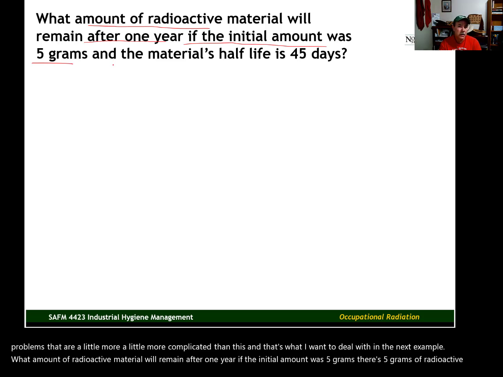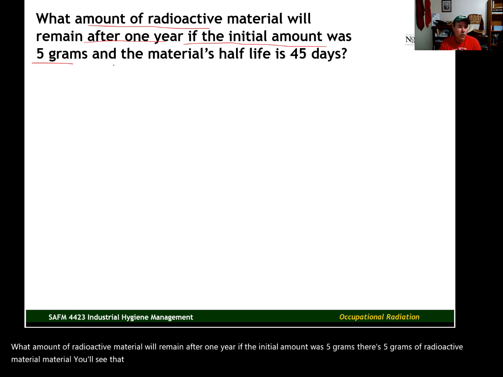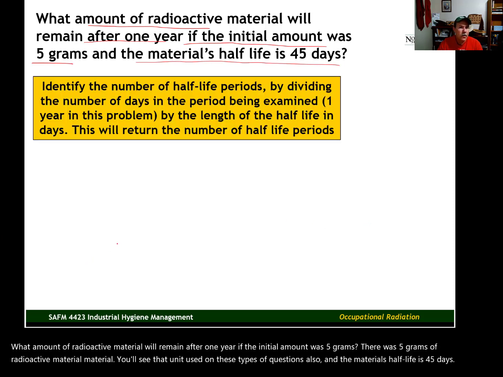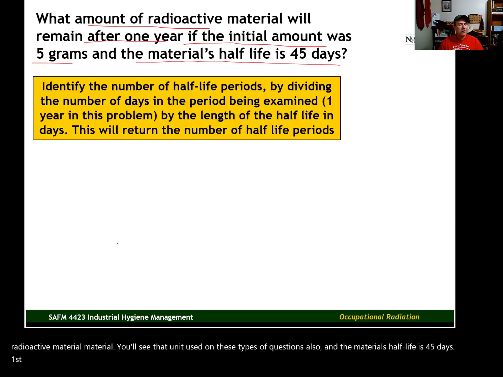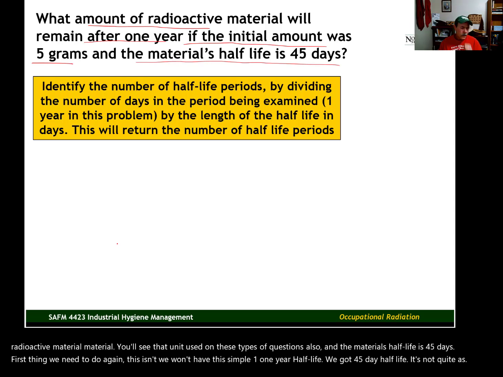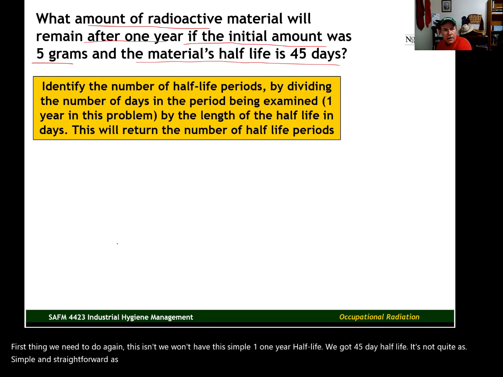You'll see that unit used on these types of questions also. And the material's half-life is 45 days. First thing we need to do, and we don't have the simple 1 year half-life. We've got a 45-day half-life. It's not quite as simple and straightforward as the previous problem.